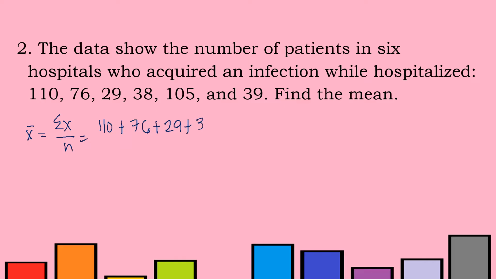plus 38 plus 105 plus 39. So this is all over, how many hospitals? We have 6. So the sum of all values is 397.